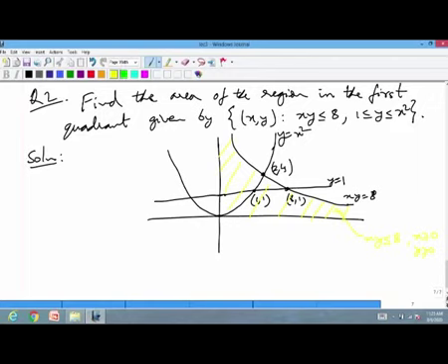Now, let us draw the region y greater than or equal to 1. This is above this line. This is the region y is bigger than or equal to 1 in first quadrant.